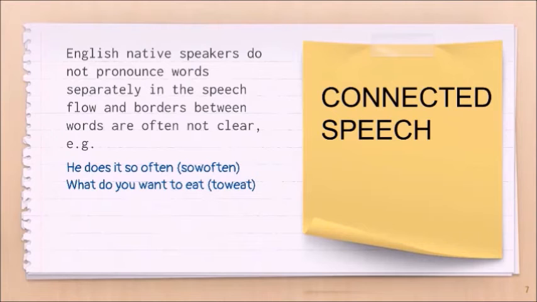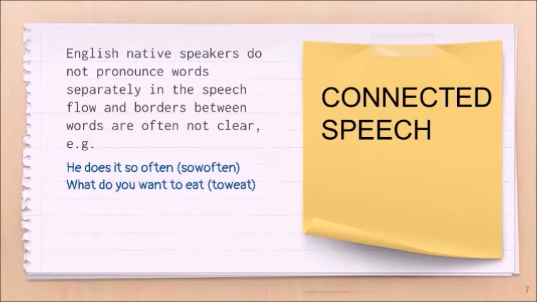Now let's go to the issue that will improve your naturalness or intelligibility. I mean connected speech. What does it mean? English native speakers do not pronounce words separately in the speech flow, and borders between the words are often not clear.